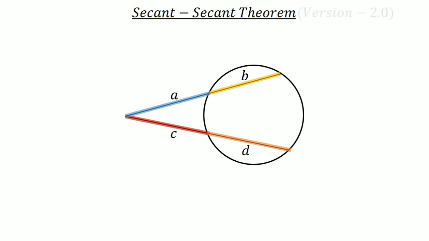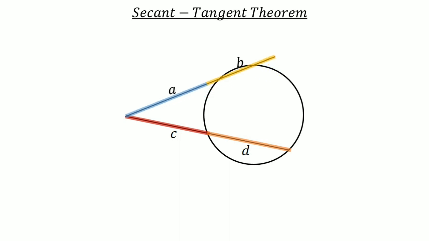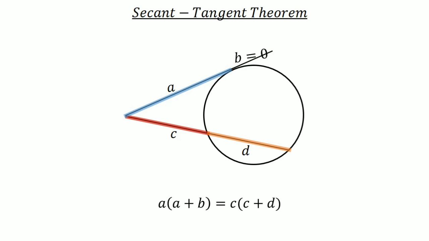We need version 2.0 of this theorem, which is famously known as the secant tangent theorem. For this theorem, we extend our side AB to the edge of the circle such that this side B becomes 0 and this A becomes a tangent. So by the secant theorem, putting B equal to 0, we can say A square is equal to C times C plus D, and this is known as the secant tangent theorem. Basically it is part 2 of the secant theorem.